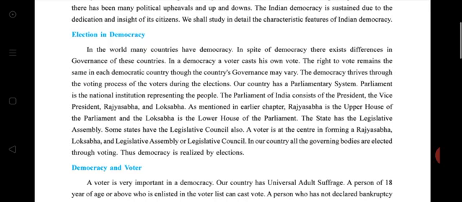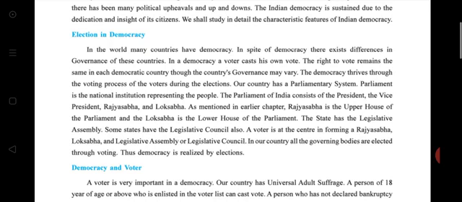The state has the legislative assembly. Some states have a legislative council also. And a voter is at the center in forming the Rajya Sabha, Lok Sabha, legislative assembly or legislative council. In our country, all the governing bodies are elected through voting.